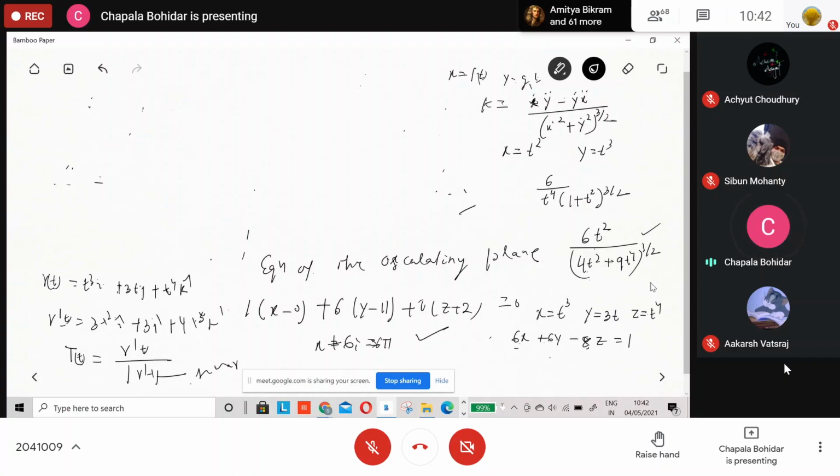See, this unit tangent vector and the given component, all these are parallel.